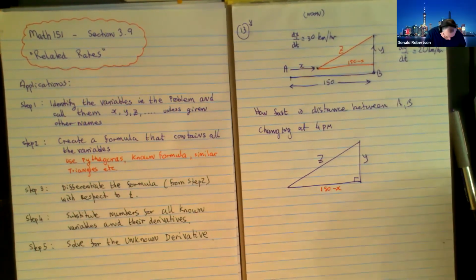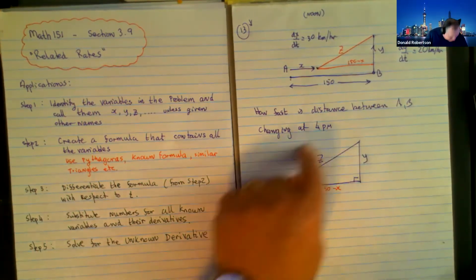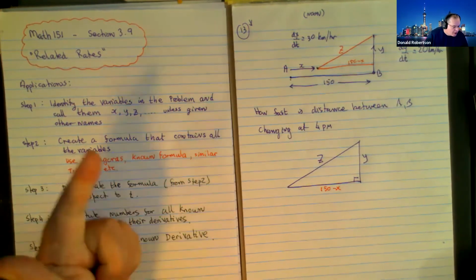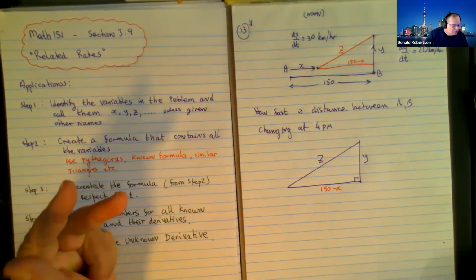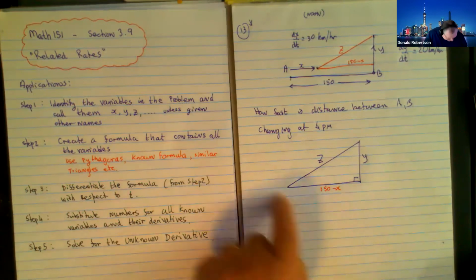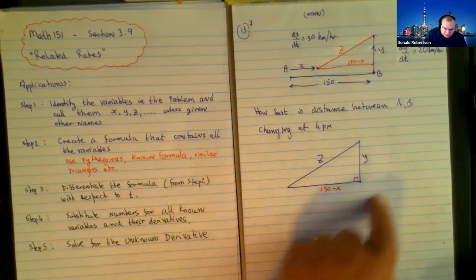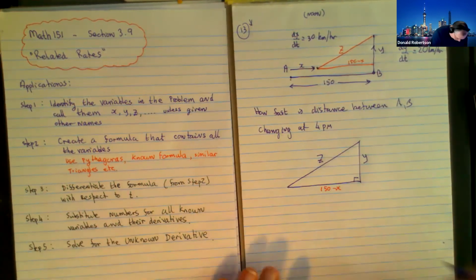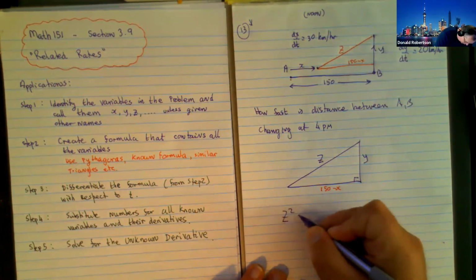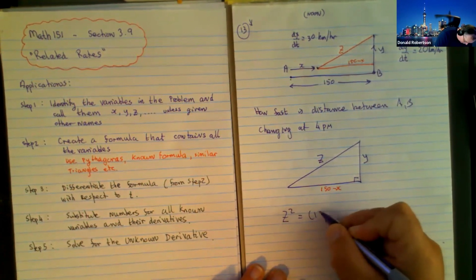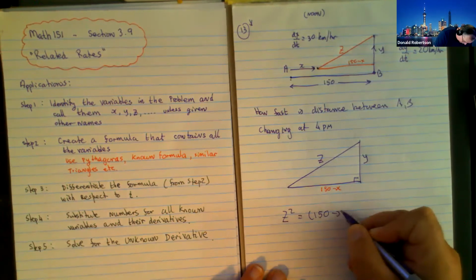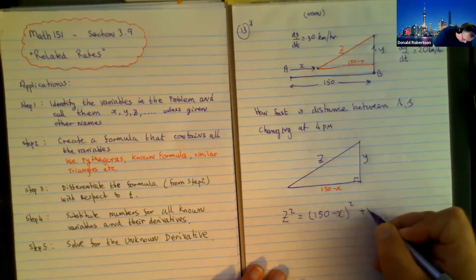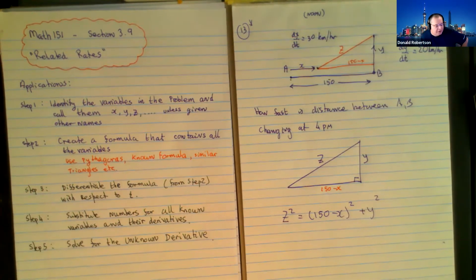Can you see that we have now got three variables, X, Y, and Z? We also have a connection. At least right now the connection is a triangle, but won't that turn into Z squared is equal to (150 take away X) squared plus Y squared? You agree? Pythagoras is the connection.